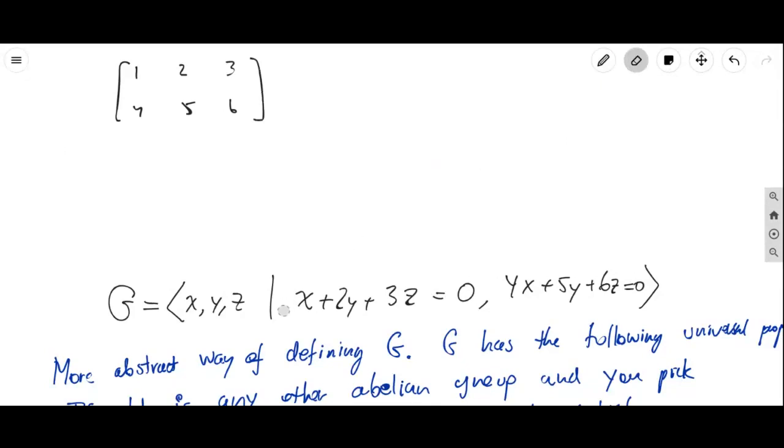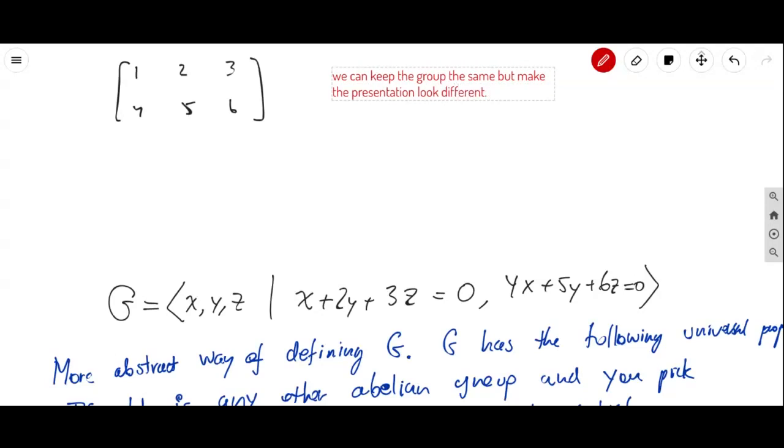This represents the first relationship, 1x, 2y, 3z equal to 0, and the second relationship is represented by 4x plus 5y plus 6z. And we will perform operations, we can change the presentation. We can keep the group the same, but make the presentation look different.